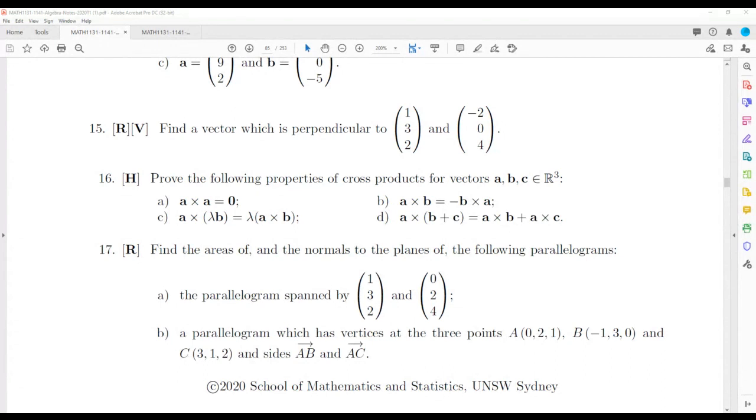All right, Tom, if two vectors' cross product equals 0, does that imply that they're the same? I don't think so. Let me have a look. Let me think about that.